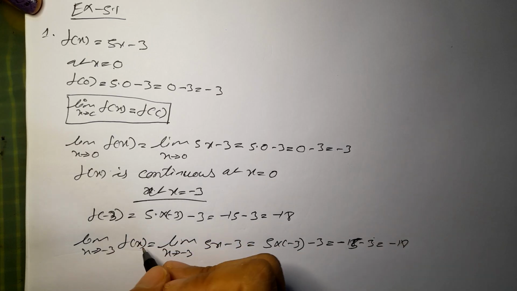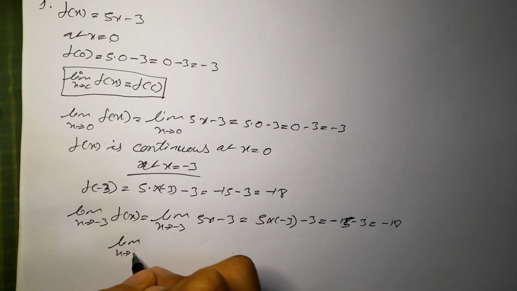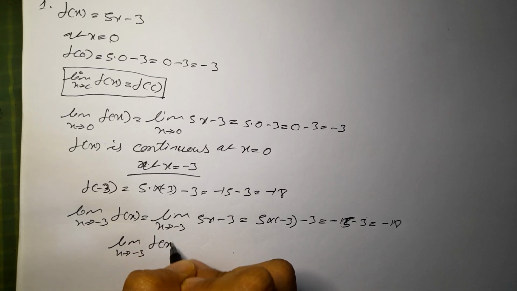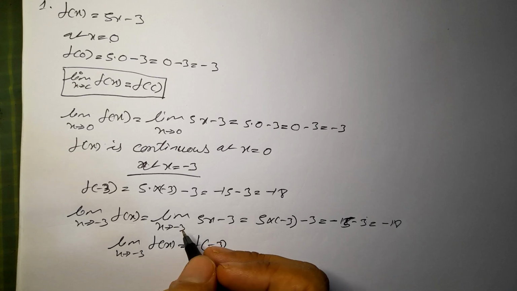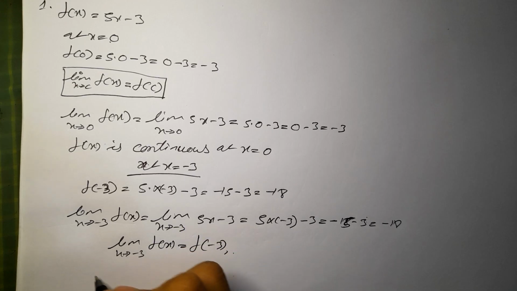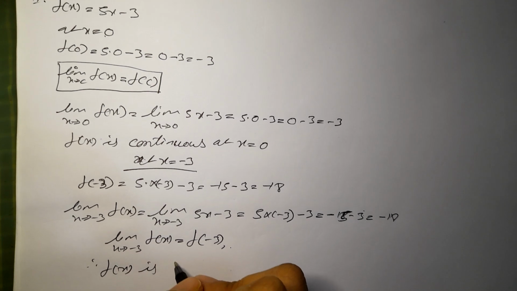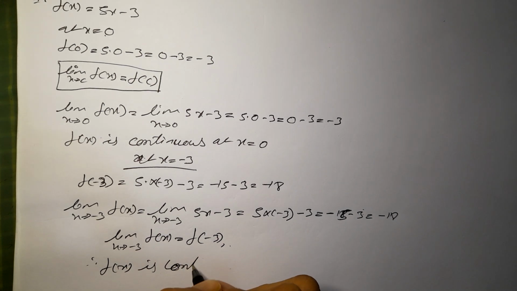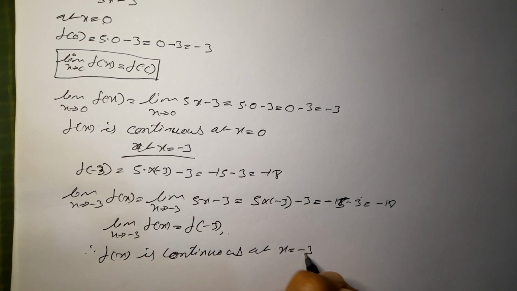So both are equal, so limit x tends to minus 3, f(x) is equal to f(-3). Therefore f(x) is continuous at x equal to minus 3.